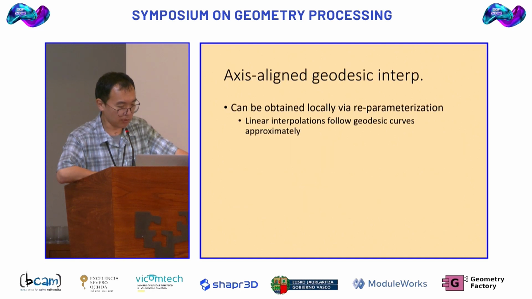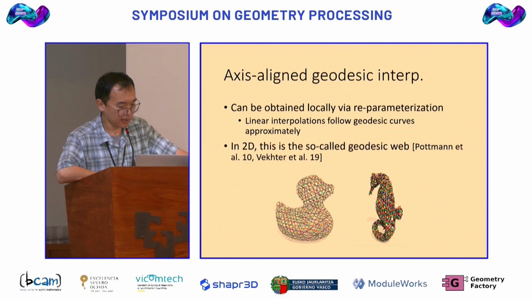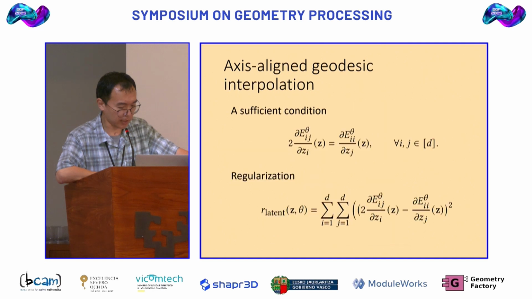Then the idea is to enforce that we have axis-aligned geodesic interpolations. And this is a generalization of the so-called geodesic web. So you use geodesic curves to cover a shape, which have applications in architecture. So this is a generalization of a geodesic web.